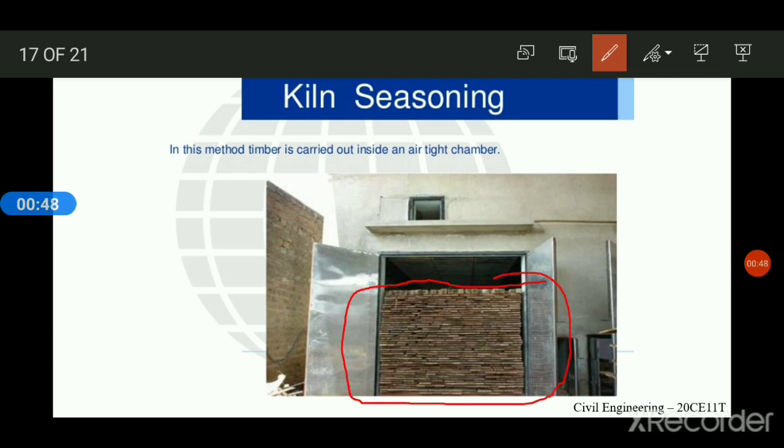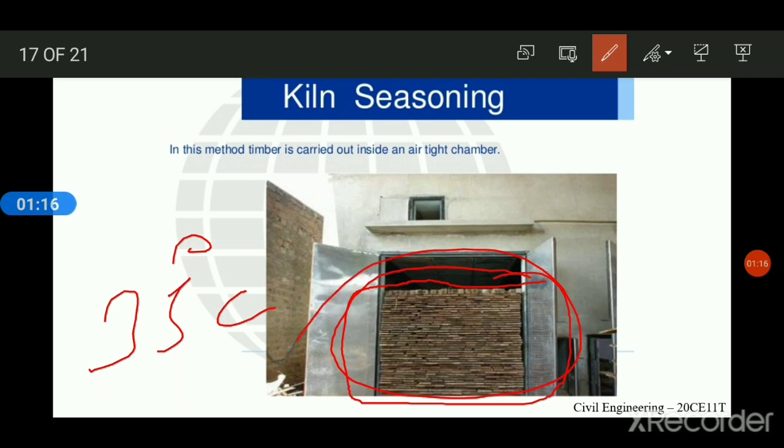Obviously, spaces are left for free circulation of air, and humid, heated air at a temperature of nearly 35 to 38 degrees Celsius is then forced inside the chamber in a suitable arrangement.